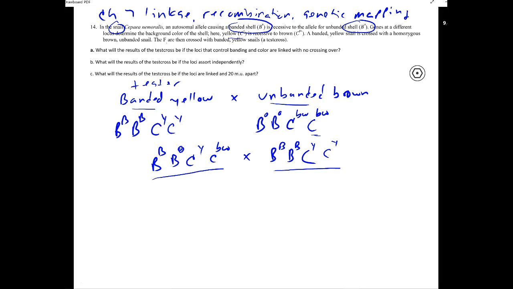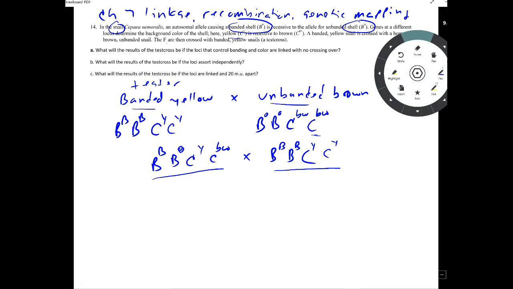So what will the results of the test cross be if the loci controlling banding and color are linked with no crossing over? So that means completely linked. Alright, so now here it matters how we set this cross up.